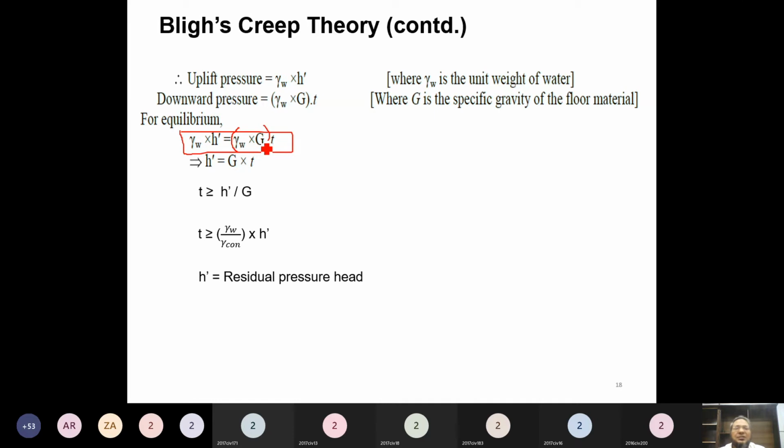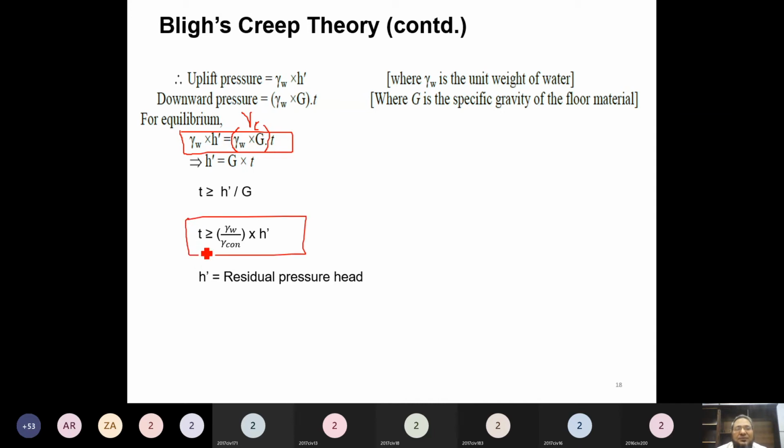If I know the G of the concrete material, or I directly put here gamma of concrete, इसको मैं gamma of concrete कर सकता हूँ, है ना? Into T, which is the thickness, because how much is pressure? Pressure is gamma times H. तो ये जो thickness concrete की होगी, so if you equate them, finally you will get this solution.